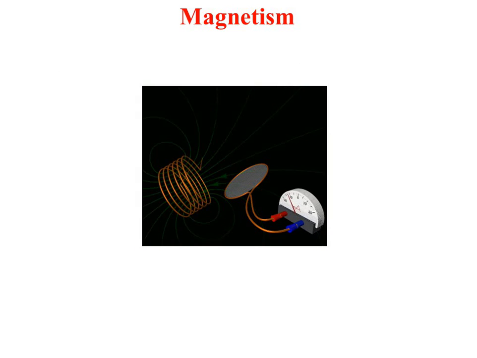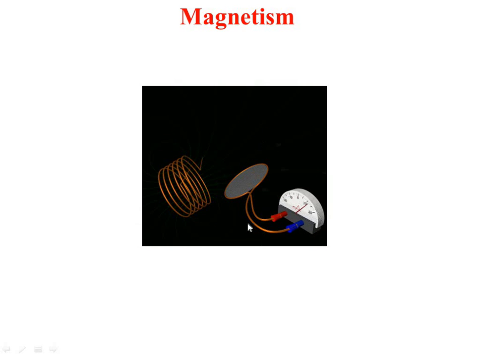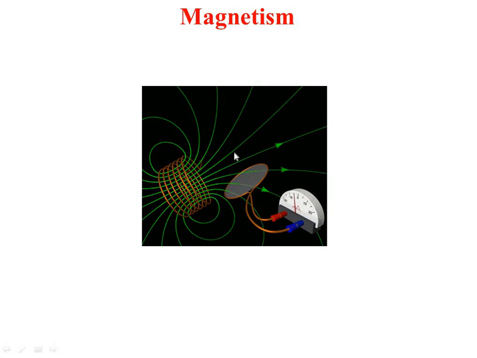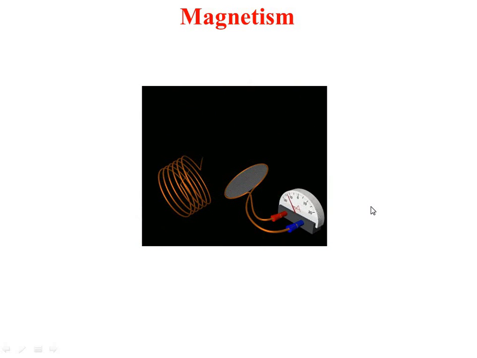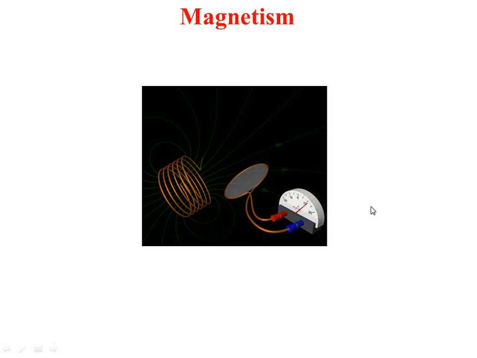Now you can see with this diagram, when you pass current, a magnetic field will be there, and if you put another coil in that field, because of the magnetic effect of the coil there is a deflection. That type of concept is used in many applications.